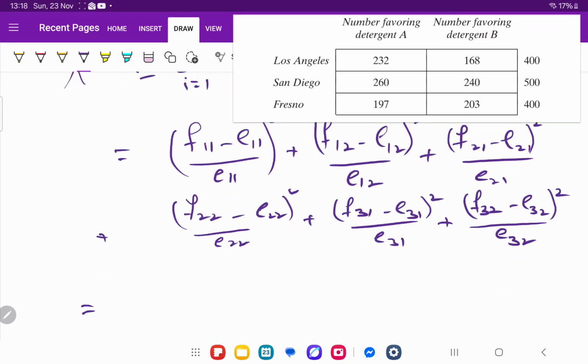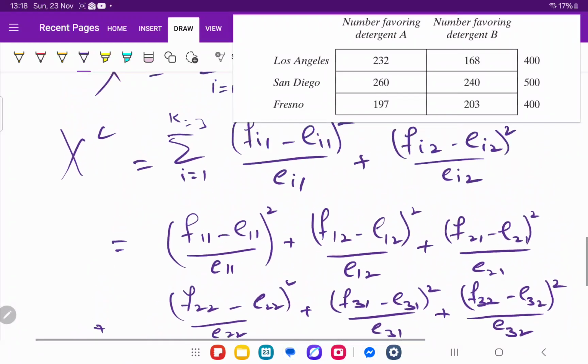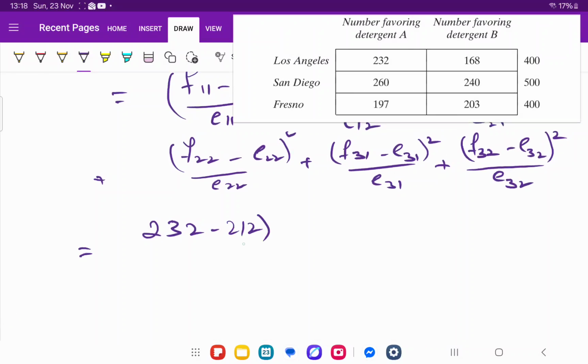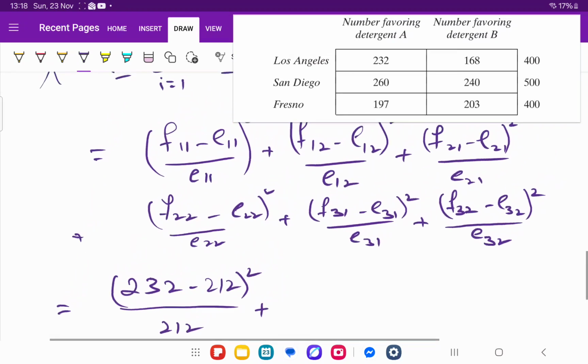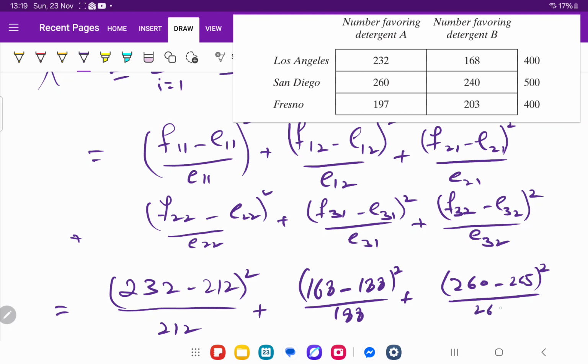So now we will put all the values inside. F11 is 232 minus E11 is 212, whole square divided by 212, plus F12 is 168 minus 188, whole square over 188, plus F21 is 260 minus E21 is 265, whole square divided by 265.